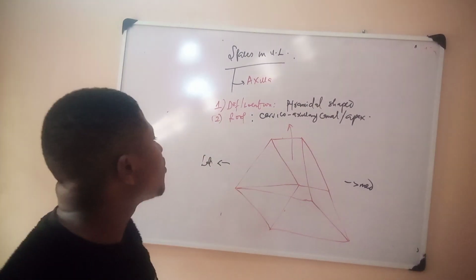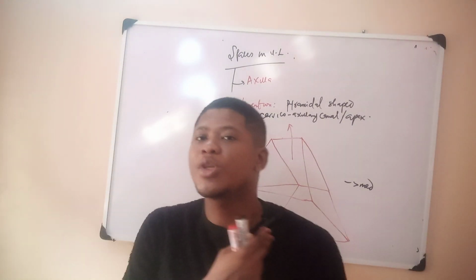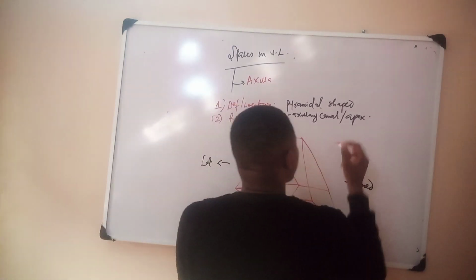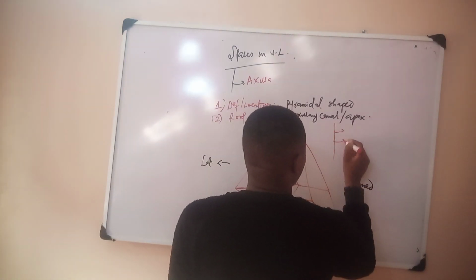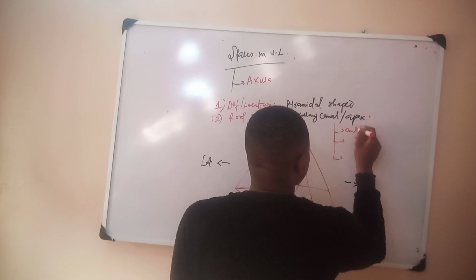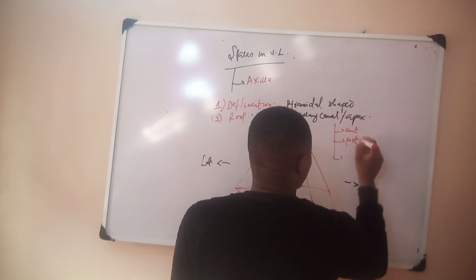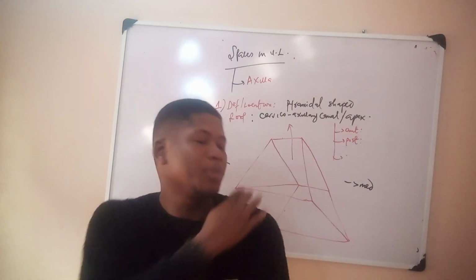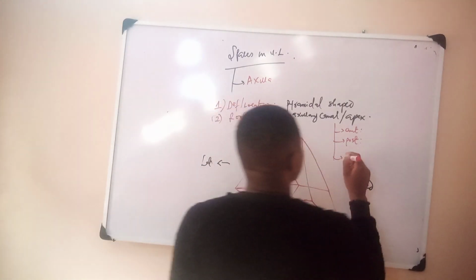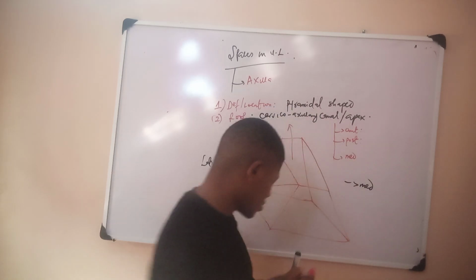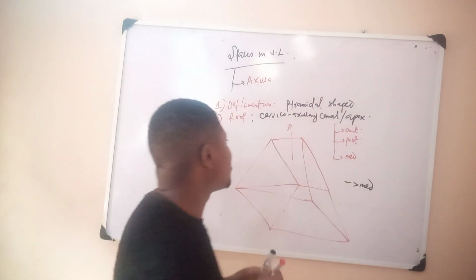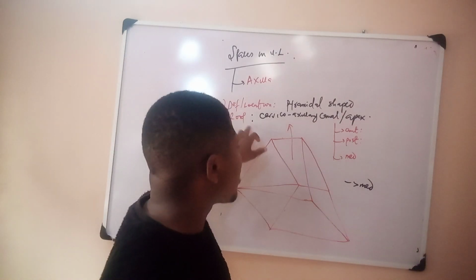The next thing you have to know about the roof is its boundaries. The roof is bounded anteriorly, posteriorly, and medially, because the apex is triangular.